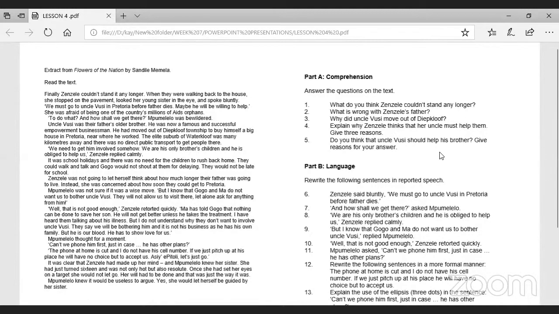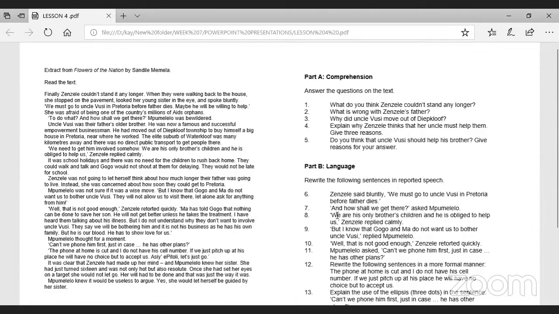So for number 1, what do you think Zenzele couldn't stand any longer? What do you guys have for number 1? It is here from the extract. You can also find it from the review that we did, if you don't forget.